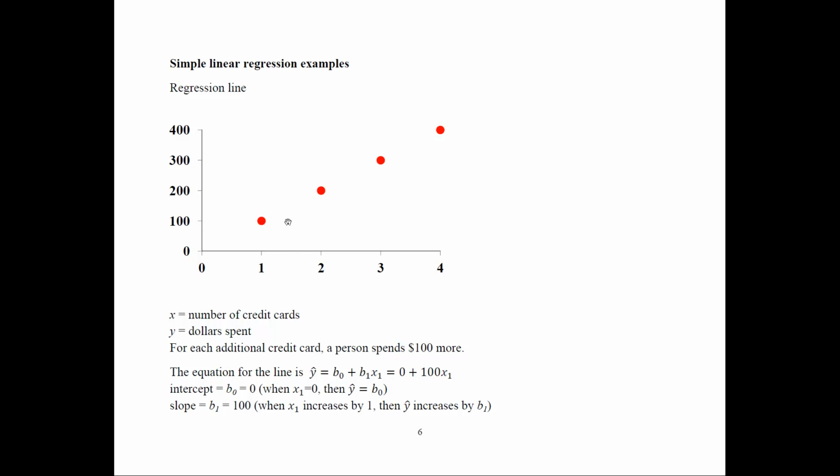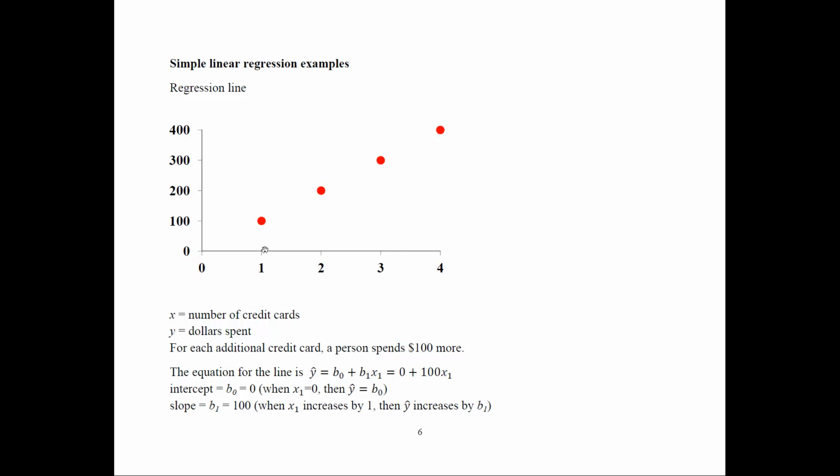It doesn't have to be, and real life isn't like that, isn't a perfect line like that. But here we have, when someone has one credit card, they have $100 in spending. When they have two cards, they have $200 in spending. When they have three, they have $300, and so on.